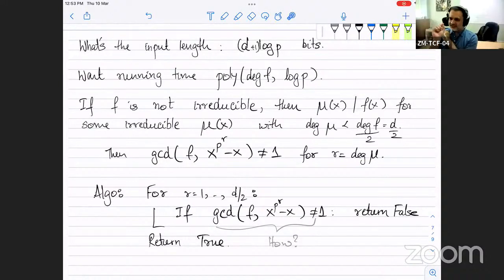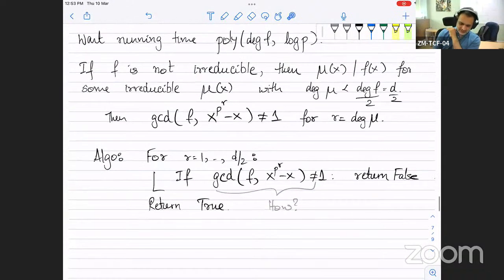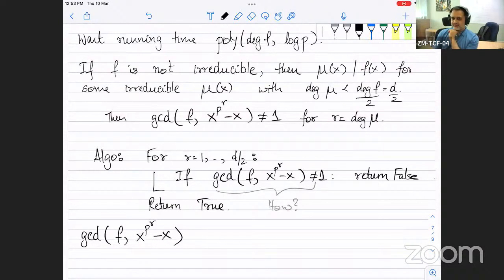Okay, let's do one step of the GCD algorithm. So we have GCD of f with x power p power r minus x. What would we do in the very next step? We'll basically say this is equal to GCD of x power p power r minus x mod f and f.